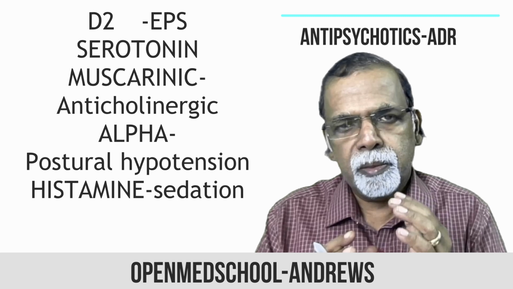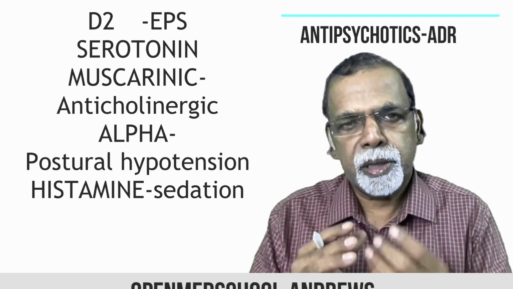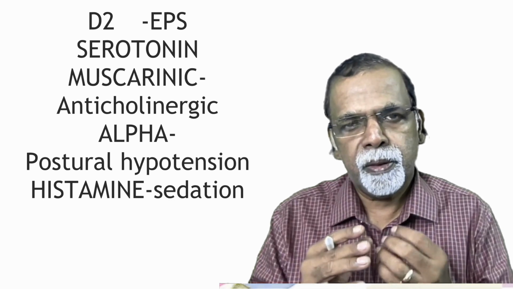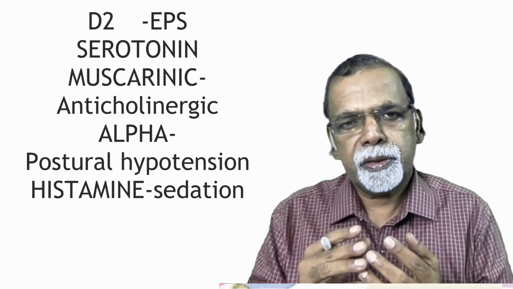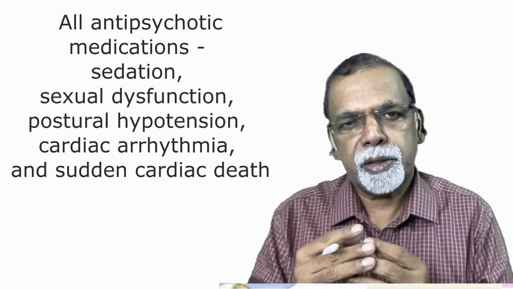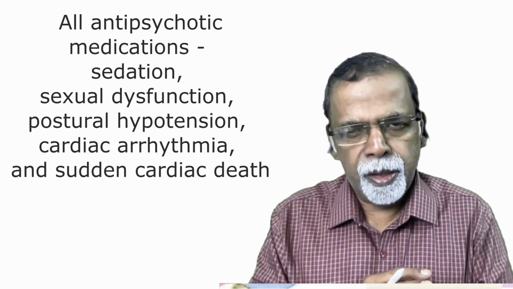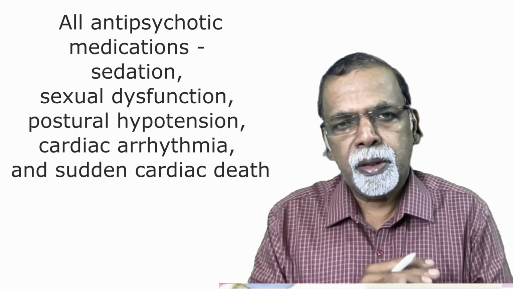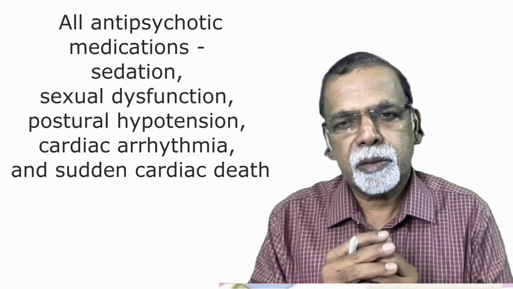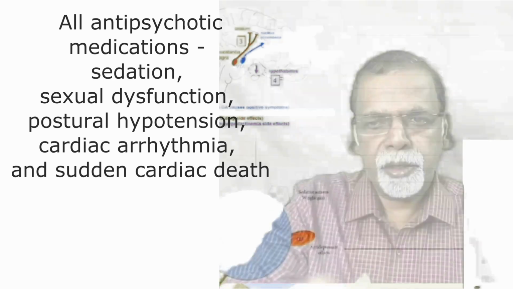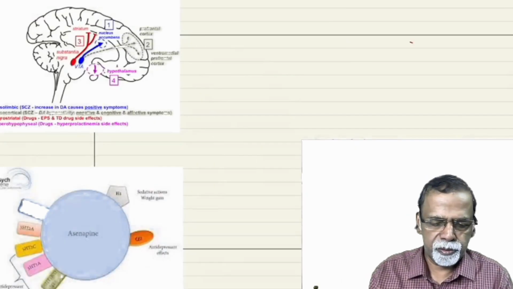But in addition to dopamine receptors, they have actions on muscarinic receptors, serotonin receptors, histamine receptors, and the D2 receptors outside the central nervous system, that is, in the enteric nervous system. Many of the effects can be explained on the basis of blockage of these receptors and neurotransmission. So let us look into them one by one.